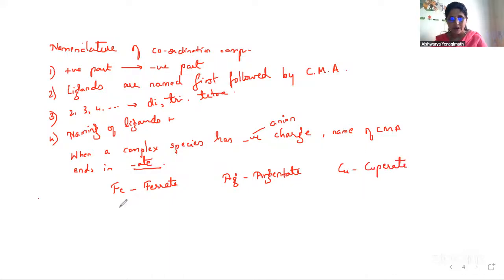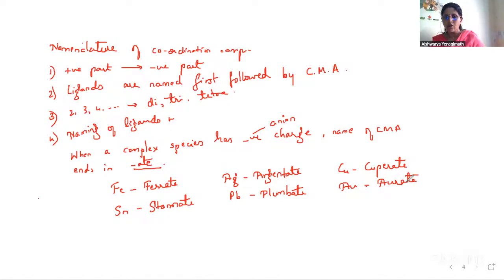Then if you have Sn, this is tin, you write it as tannate. If you have Pb, you write it as plumbate. If you have Au, you write it as aurate. So when it is an anionic complex, the metal is named ending with ATE.